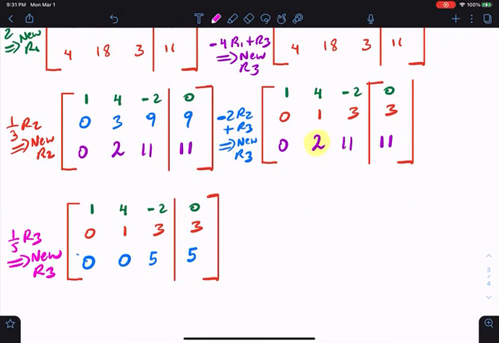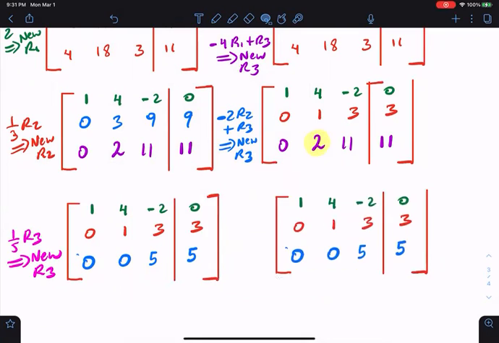Again, everything is fixed except that row 3. 1/5 times 0 is 0, 1/5 times 0 is 0, 1/5 times 5 is 1. So that's what I have so far. So now this is in row echelon form.